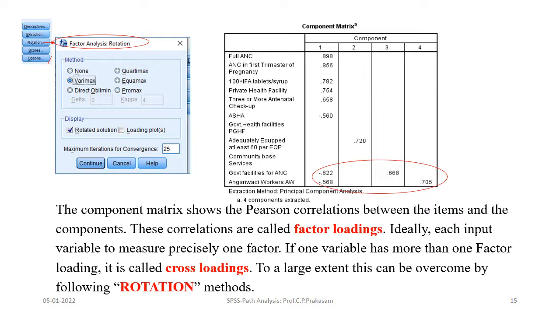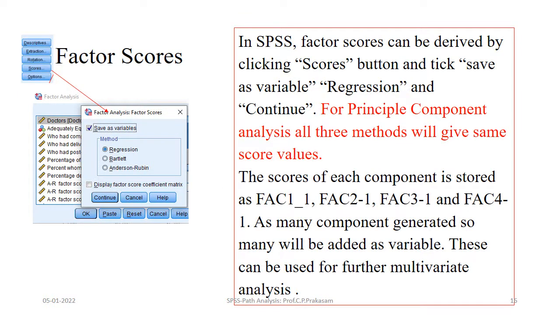That is called cross loadings, because the variables are included in more than one factor, in 2 or 3 factors also. Therefore, explaining them as a unique factor is very difficult. So we require a mathematical rotation procedure, which the Varimax method will give.